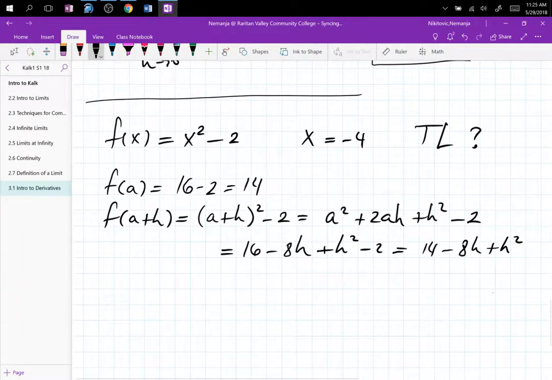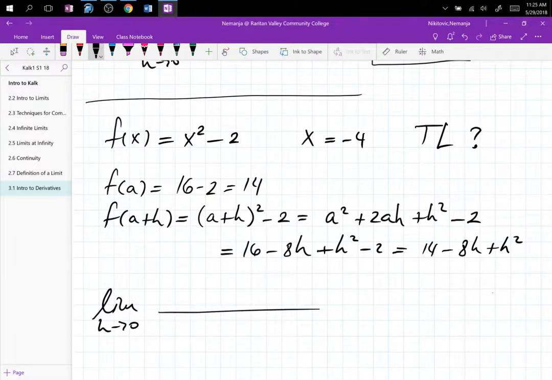Perfect. Limit as h goes to 0. f of a plus h is 14 minus 8h plus h squared, and then minus 14 for f of a, divided by h.